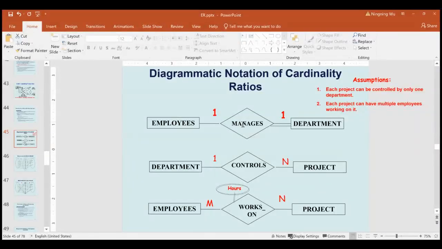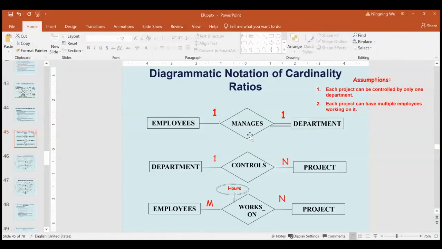For example, employee manages department. The one on the right side of manages represents the maximum number of these manages relationship instances that an employee can take. So maximum one means that an employee can manage at most one department. Then the one on the left side describes the maximum number of relationship instances that a department can participate in.